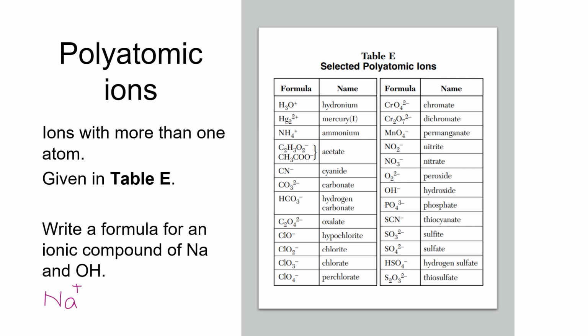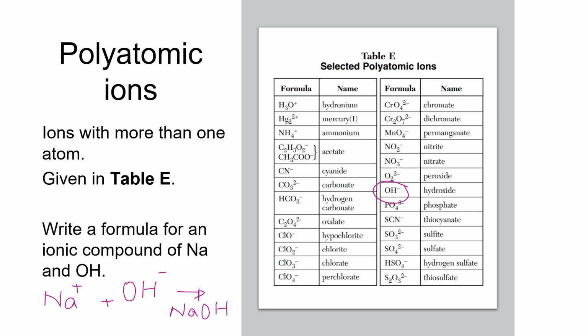So sodium is going to be a positive ion. And then we can find hydroxide from Table E. When sodium and hydroxide ion make a bond, sodium atom loses an electron and hydroxide ion gains that electron. Overall, this is what the compound is going to look like.